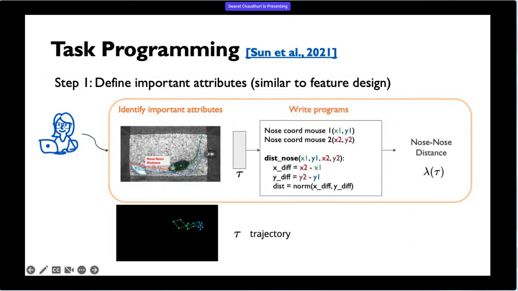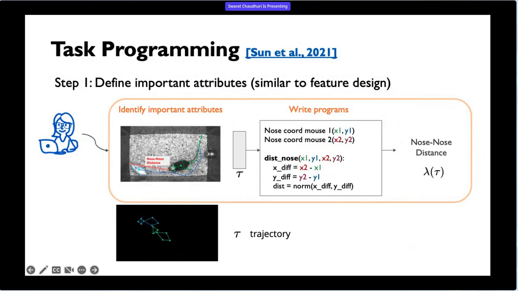You write some programs that, for example, here what you're saying is that the distance between two noses of two mice is a little piece of code like this. Now, this is an extremely simple program. You could write something more complicated over here as well.